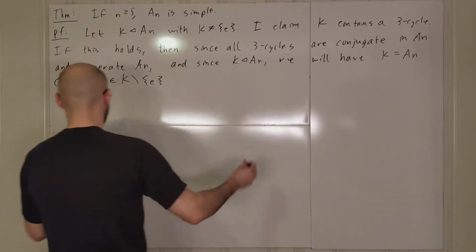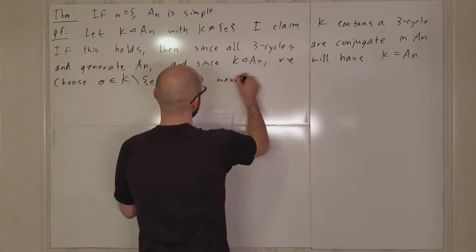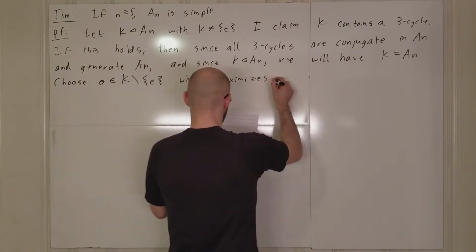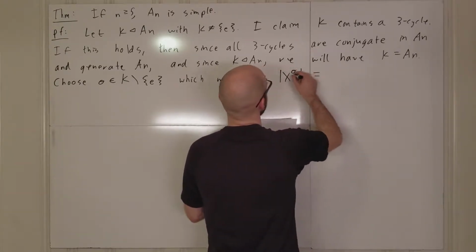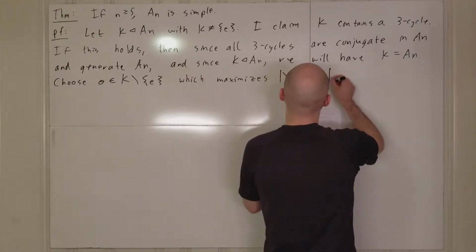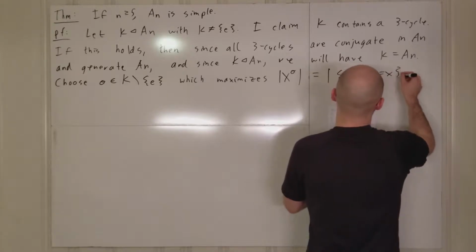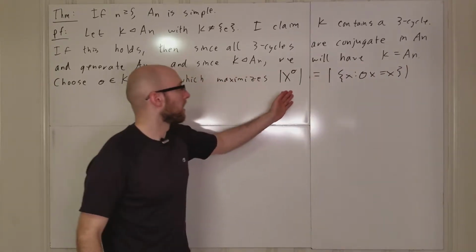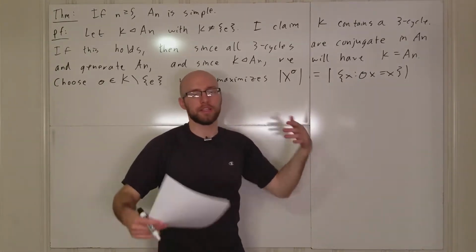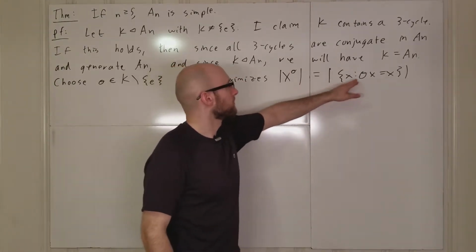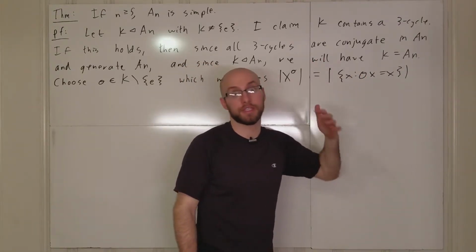We're going to choose some sigma which maximizes the size of the fixed set of sigma, the number of points in X. Here, X is the indices from 1 to n. So we want to choose sigma which fixes the most possible indices.